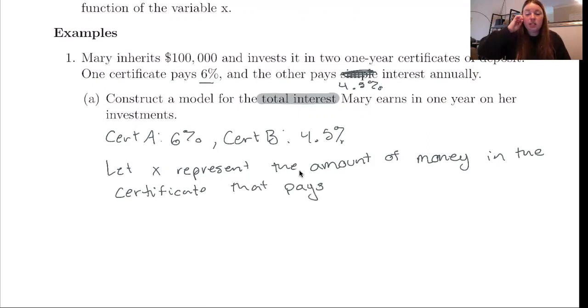It's good to state that though, sometimes, so that you don't switch your variables halfway through and get confused. Okay, so let's pay 6%. I think we call that one certificate A. So x would equal the amount that's in certificate A.